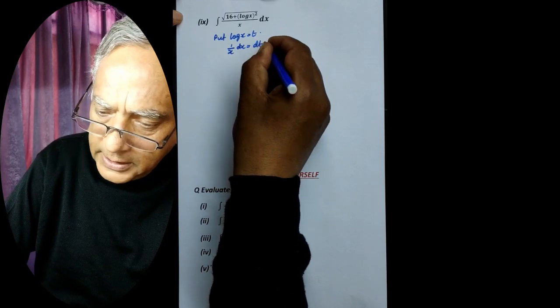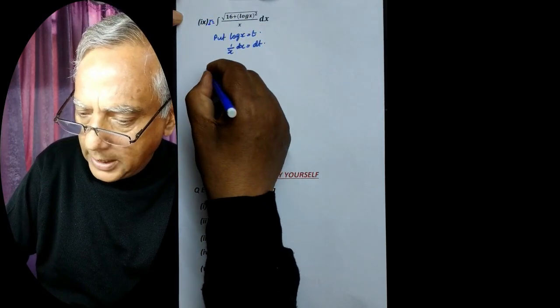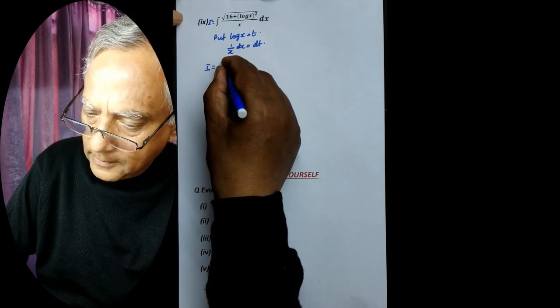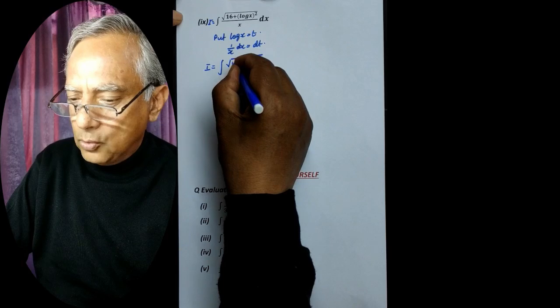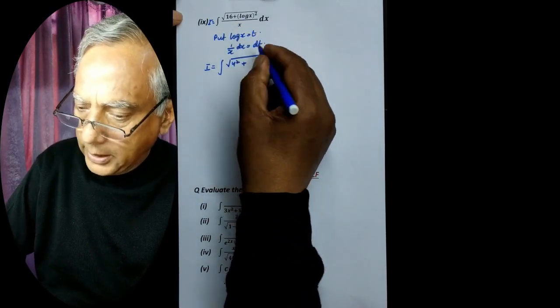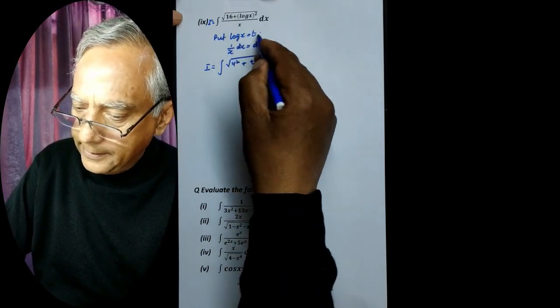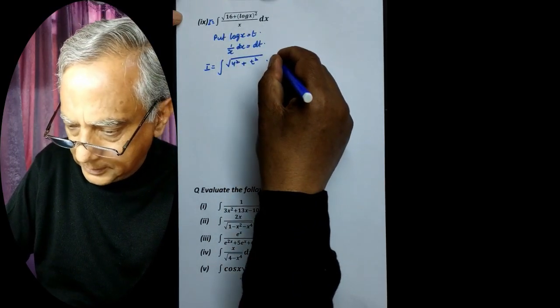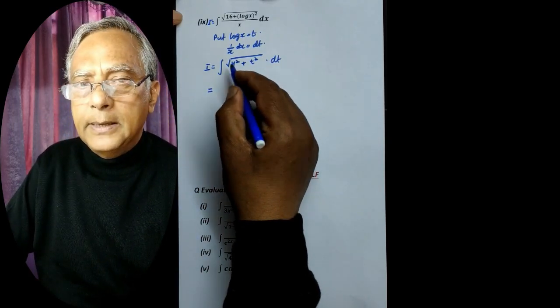I will solve this question very quickly. It is very simple. So I is equal to integral under the root, this can be written as 4 square plus t square, where log x is t, into dt. And now you use the appropriate formula, under root a square plus x square.